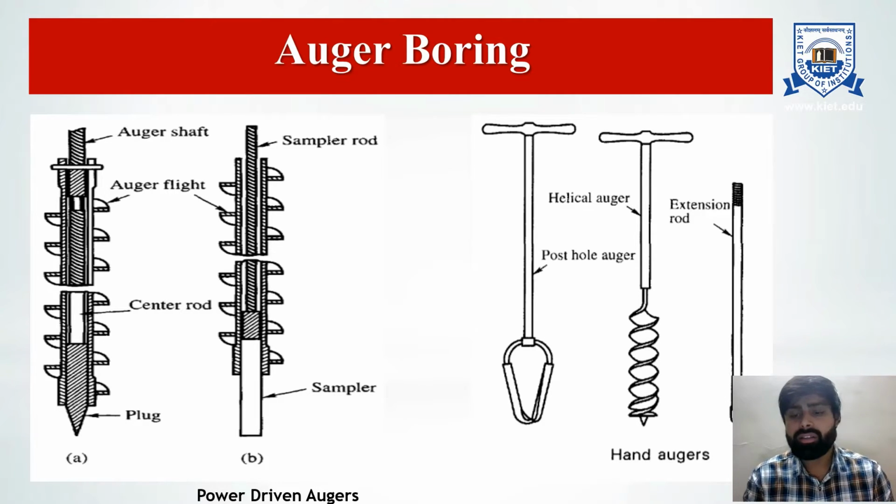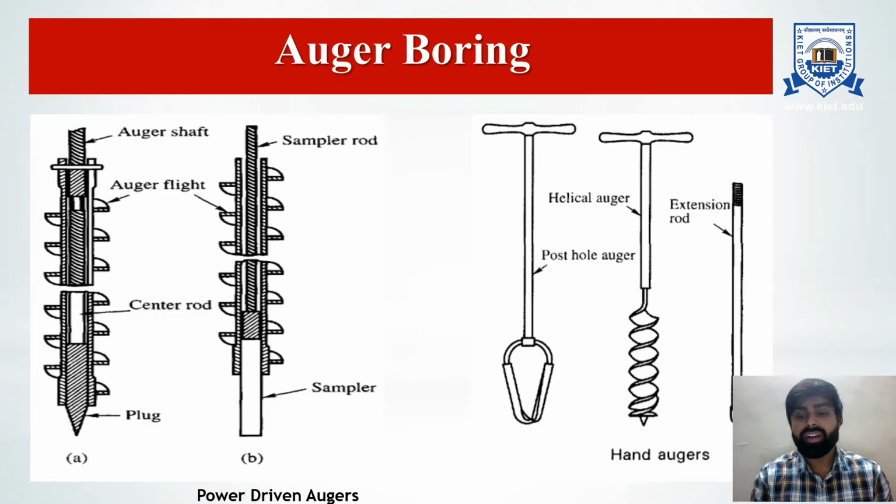The hand auger is attached to the lower end of a pipe of about 18 mm diameter. The pipe is provided with a cross arm at its top. The hole is advanced by turning the cross arm manually and at the same time applying thrust in the downward direction.